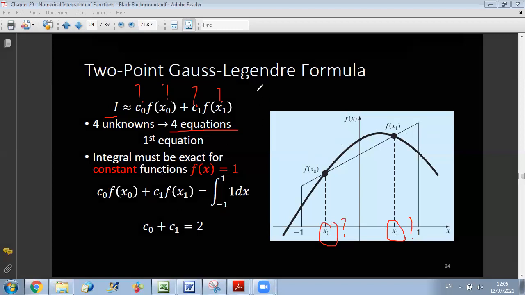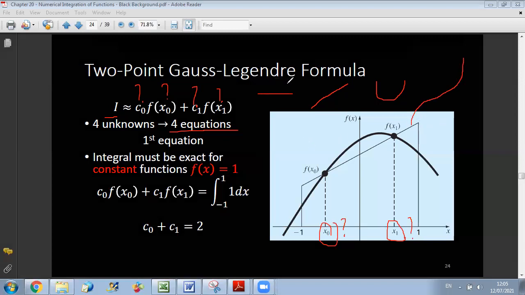The first equation says the formula gives the exact value of the integration of a constant function. The second gives the exact integral of a linear function. The third gives the exact value of the integral of a quadratic function. And the fourth is obtained by imposing the same for a cubic function.